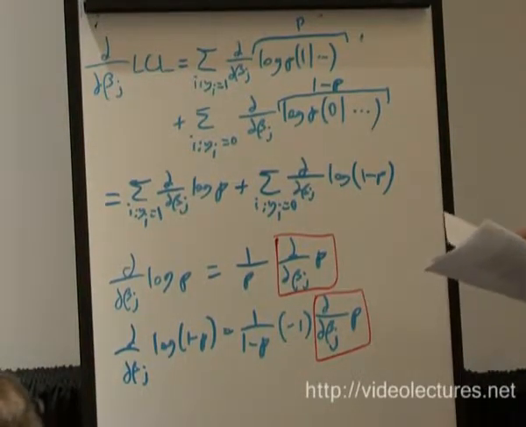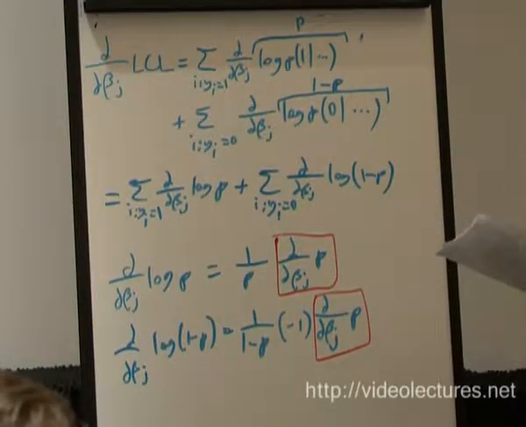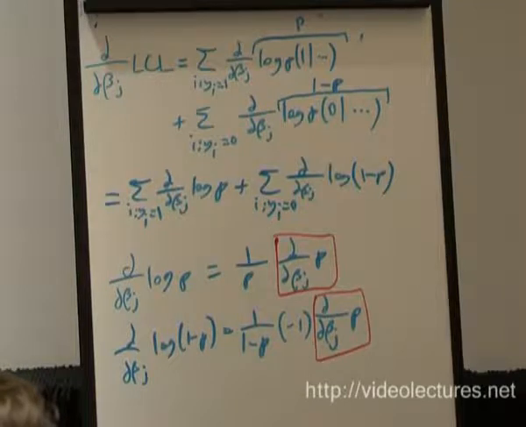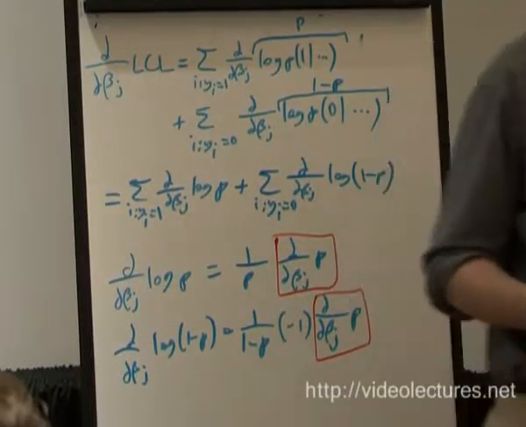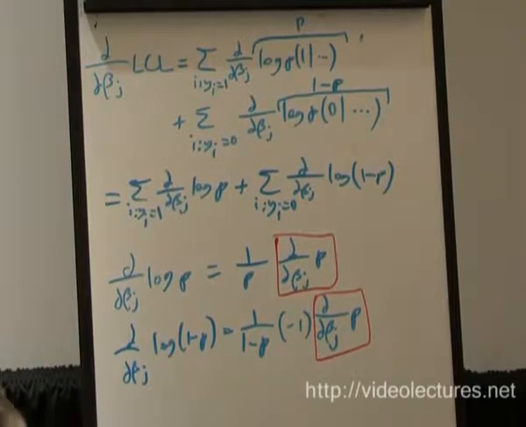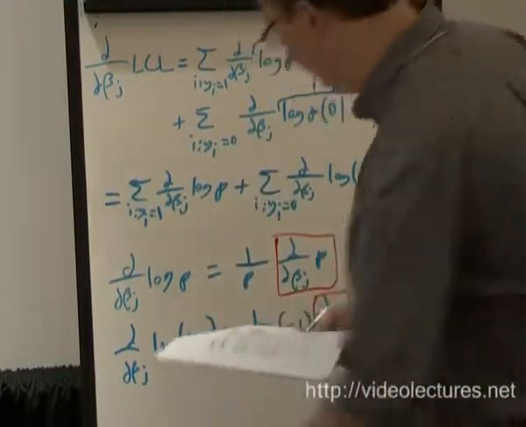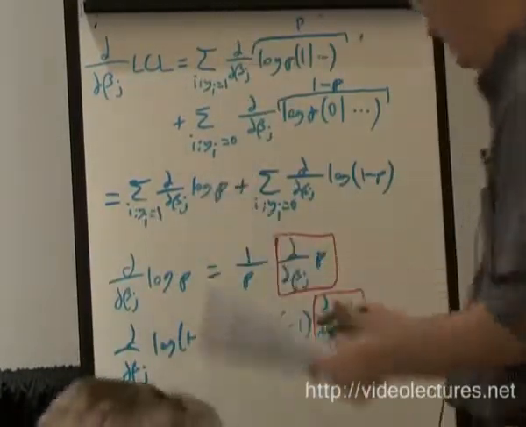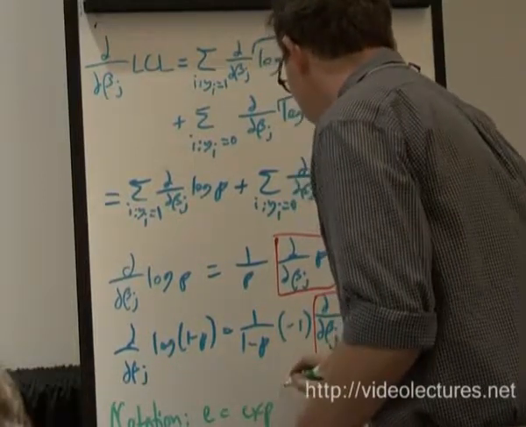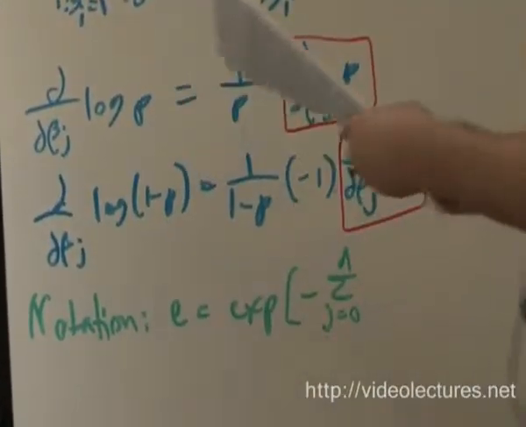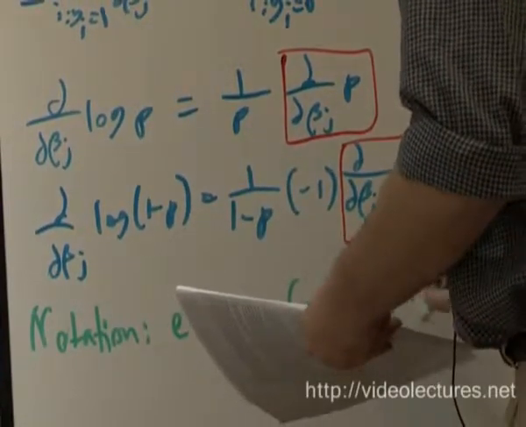Okay. Let me introduce some notation. So E is the exponential of my linear function minus sum from j equals 0 to d of beta j xj.